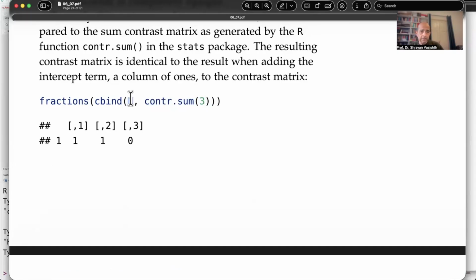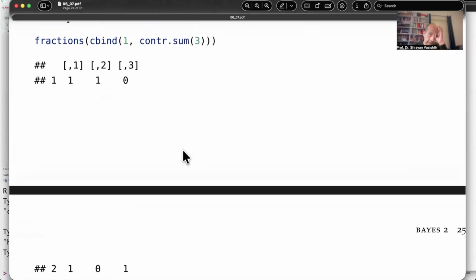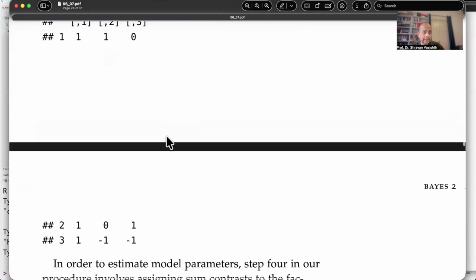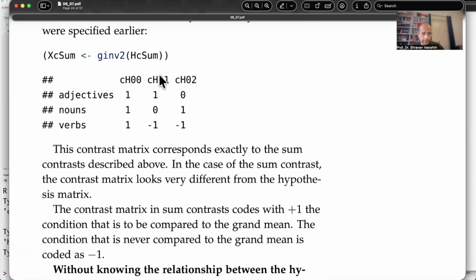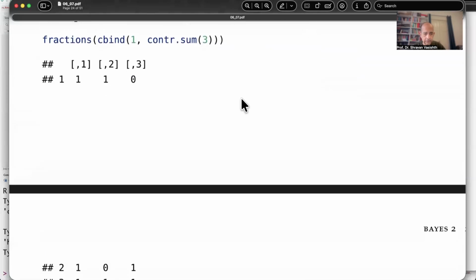And here just the intercept has been added, because contrast sum doesn't add the intercept. The contrast matrix that you get is exactly the same as this, the generalized inverse of the hypothesis matrix. And if you were to invert the contrast matrix, you'd get back the hypothesis matrix.